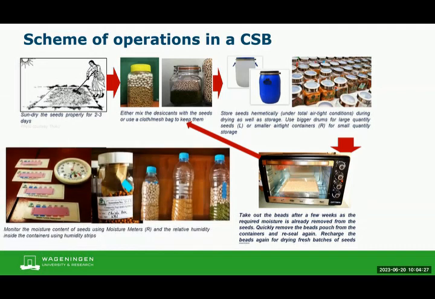The next primary thing that is very important is moisture monitoring. We have dried the seeds. What happens if there are leakages within the containers? The containers are not moisture vapor pervious. What if they are leaking? The seeds will absorb moisture from the air. So we have to be very careful about that.